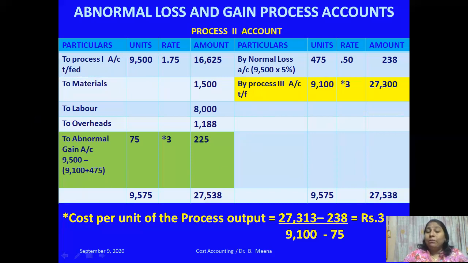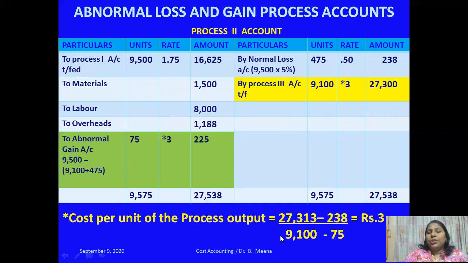Once I came to know that I'm having abnormal gain for this process, definitely you need to enter the details on the debit side, to abnormal gain account: 9,500 minus my output of this process, 9,100, plus my normal loss, 475. So the gain is 75. Then how can I calculate the cost per unit for both abnormal gain as well as the output for that particular process?